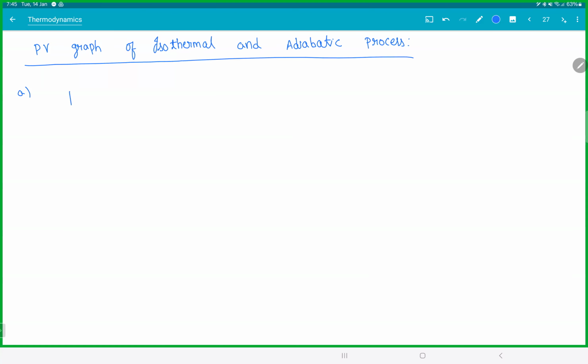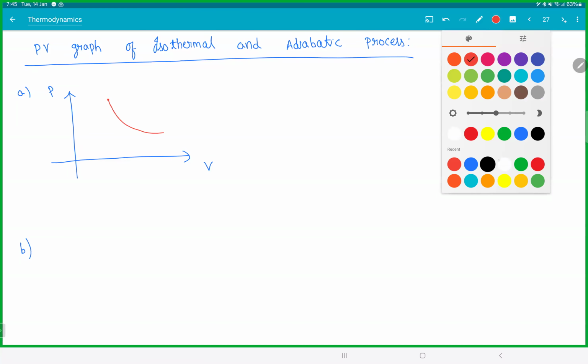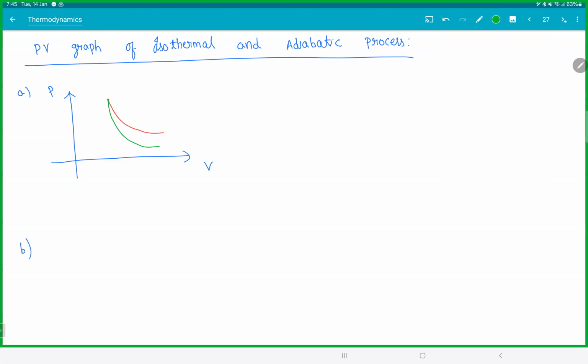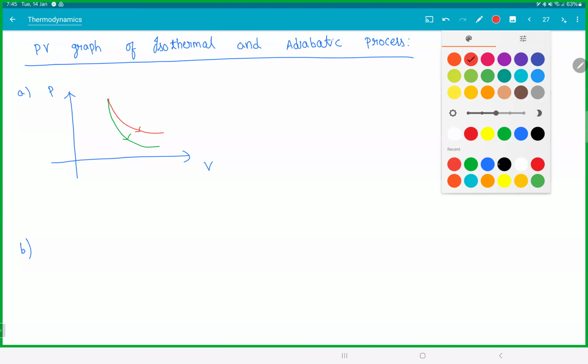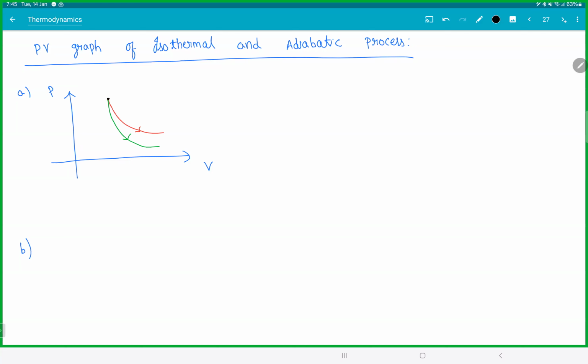So case 1, like this. Which one is adiabatic? Which one is isothermal? The red and the green. They start from the same point. In both cases, the gas is expanding. One is an adiabatic expansion, one is an isothermal expansion.